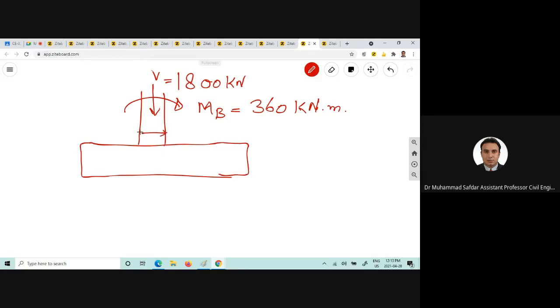Here the width of the column is 0.4 meter.